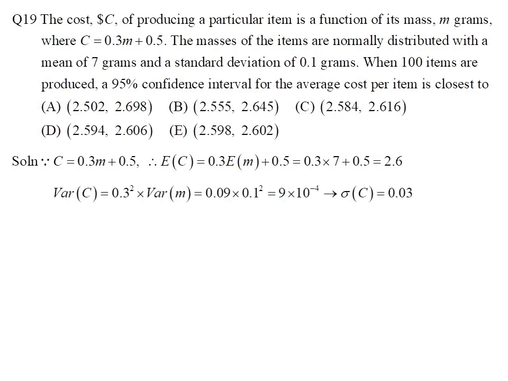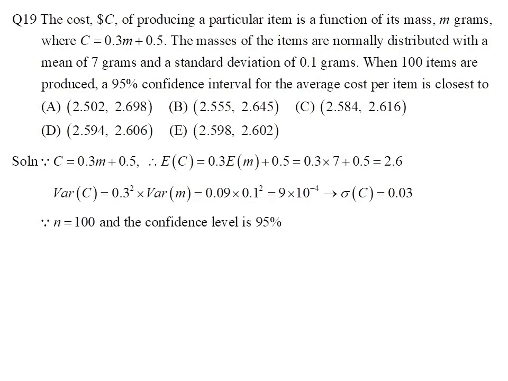In the meantime, the variance of the cost, VAR of C, equals 0.3 squared times VAR of m, which equals 0.09 times 0.1 squared, which gives the standard deviation of the cost, sigma of C, equals 0.03.